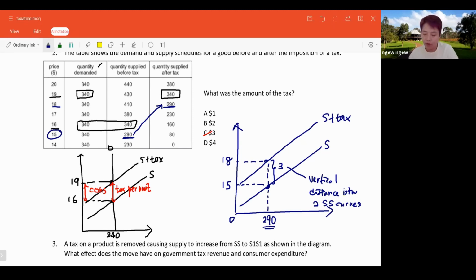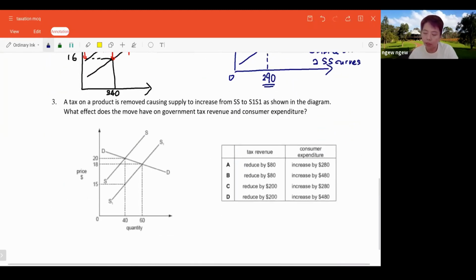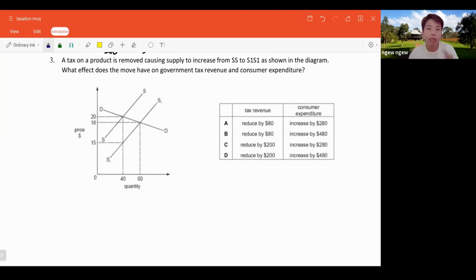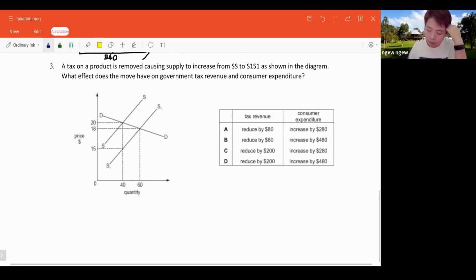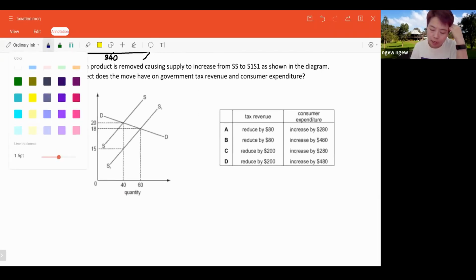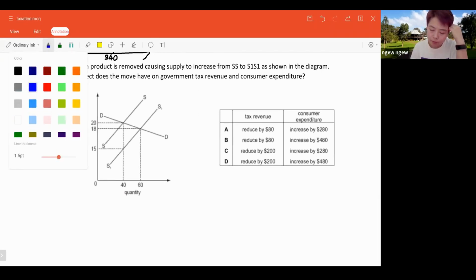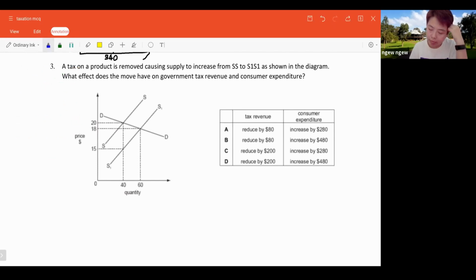All right, so now let's look at the last question. The last question is slightly more challenging, and requires a little bit more time to think about it. We need to circle all the keywords, yeah. They say the government removes a tax. Okay, when a tax is removed, this is your original supply curve, this is your new supply curve, therefore they give you S and S1.